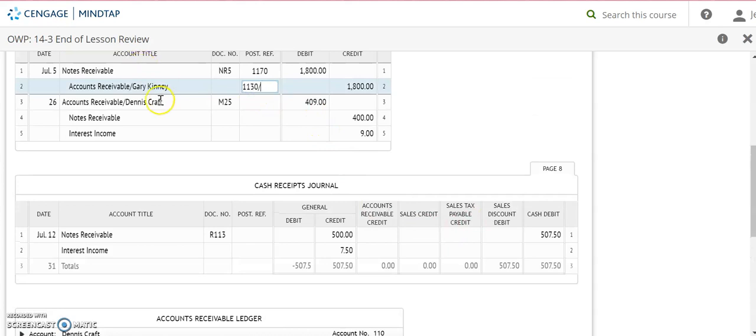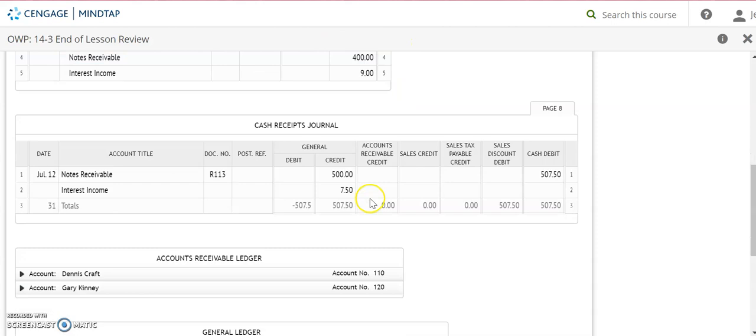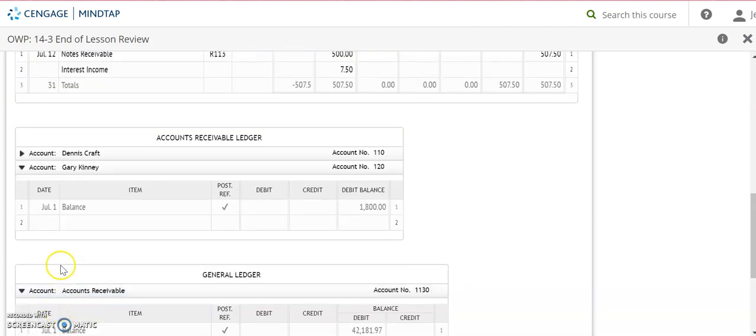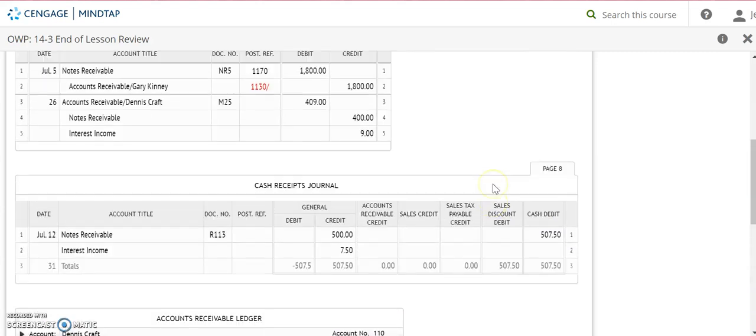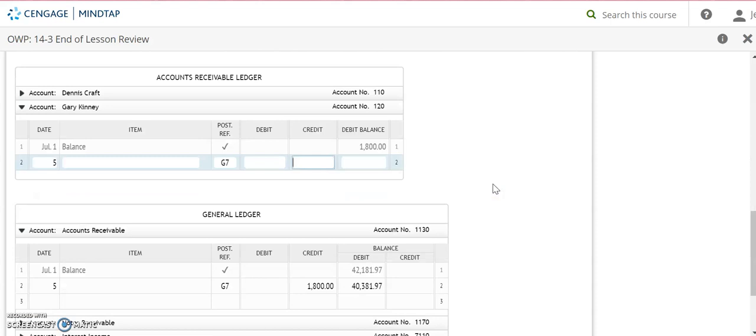And then I'm going to put that slash in there because I'm also posting that credit to Gary Kinney. So the 5th, G7, and a credit of 1800. And then that brings my balance to 0, or we would draw a line through it if we were doing paper and pencil.